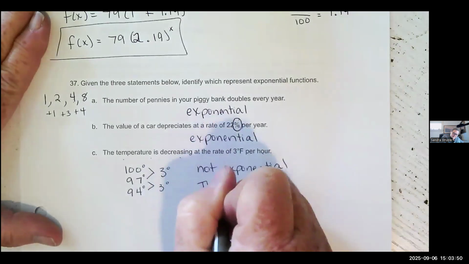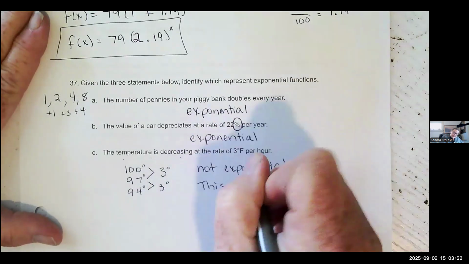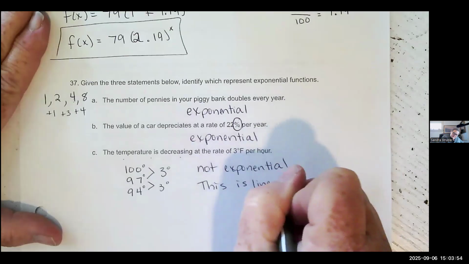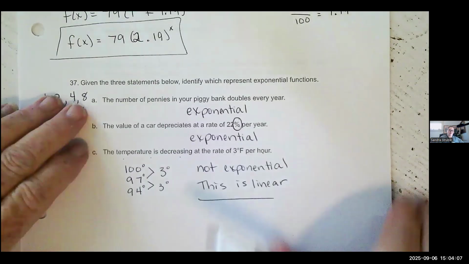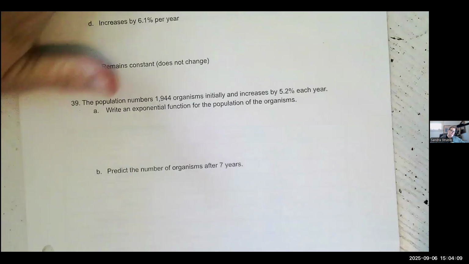And you're going to need to know that it's linear because it's decreasing at the exact same rate every time, the exact same number, not percentage, not doubling, not tripling, quadrupling. It's the exact same number every single time.